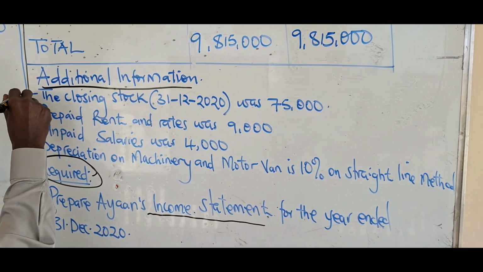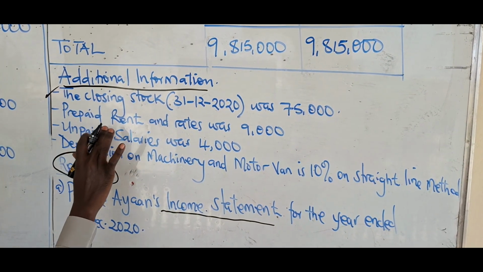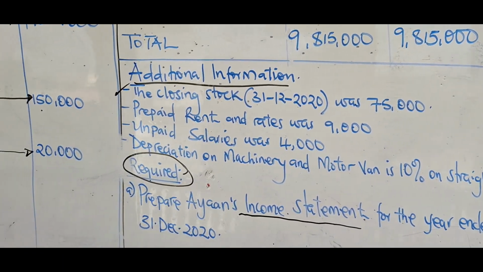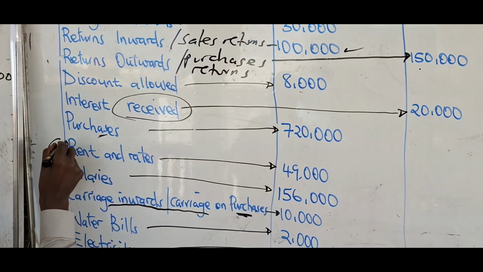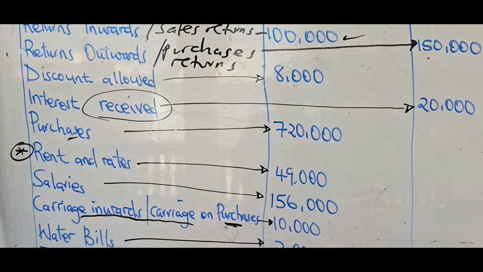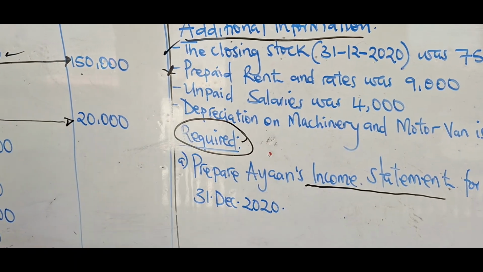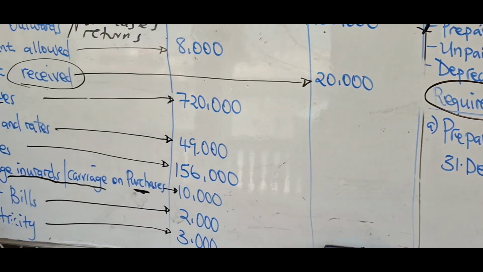For closing stock, already we have used the 75. But we have this prepaid rent and rates, 9,000. You go to your trial balance, you check for rent and rates, you put a star. When you put a star, it means it has some attachment and additional information. We are going to handle that. Then unpaid salaries. Still look for salaries, put a star.